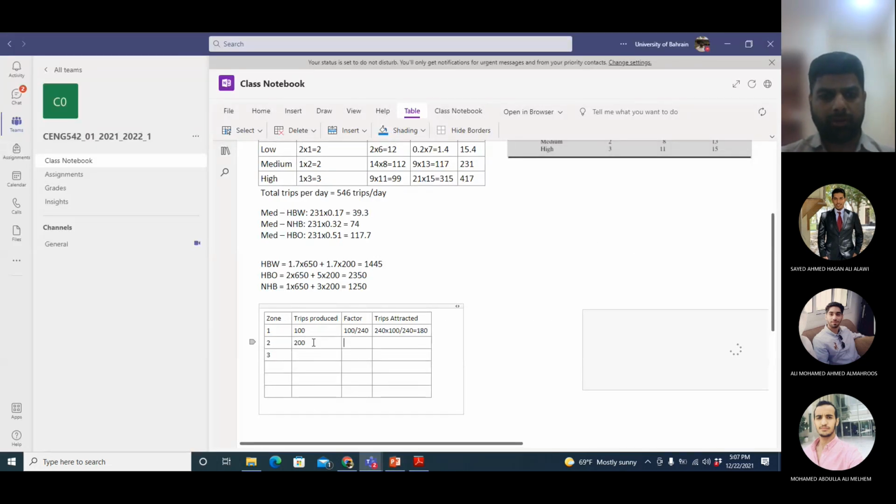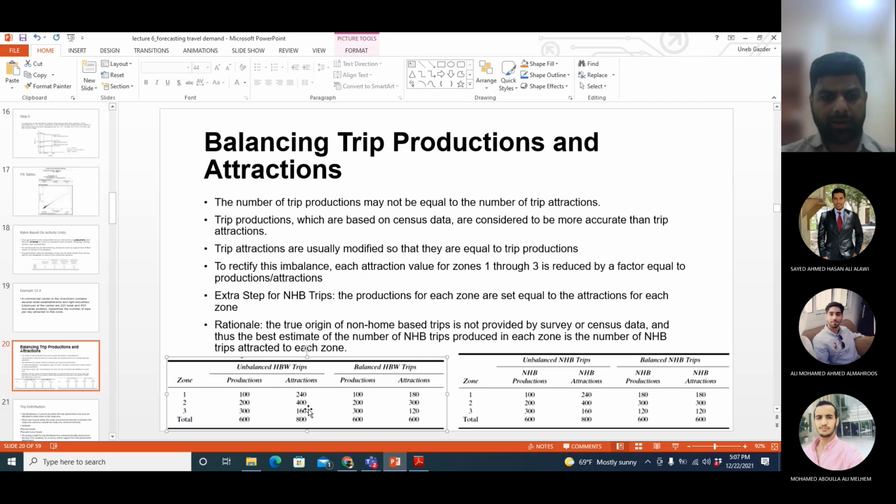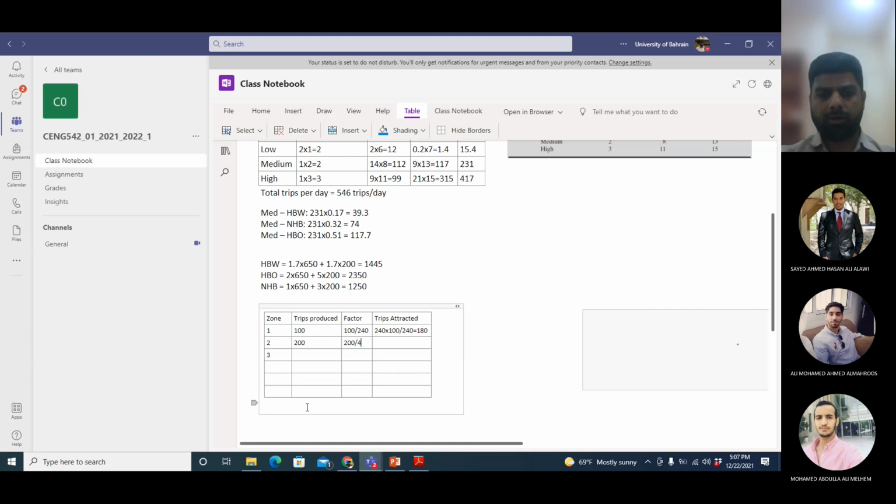So this is 200 and then the attracted is 400. So 200 divided by 400, and then you will multiply 400 by this factor. The number is given here, 400.